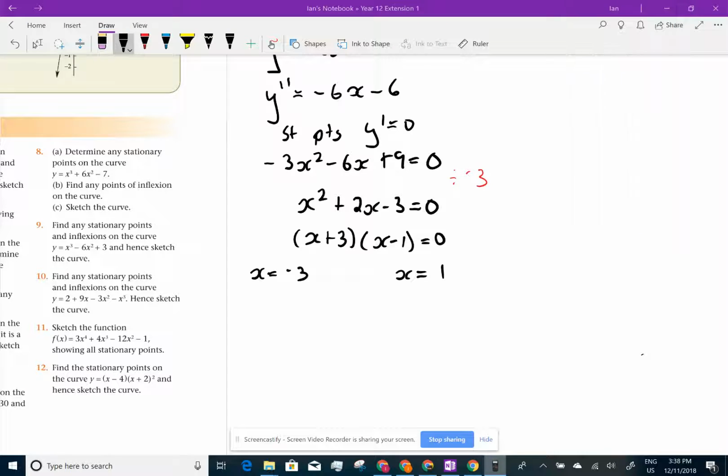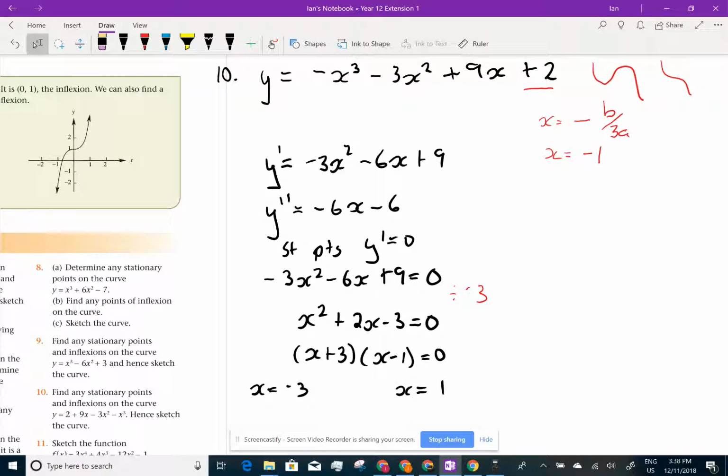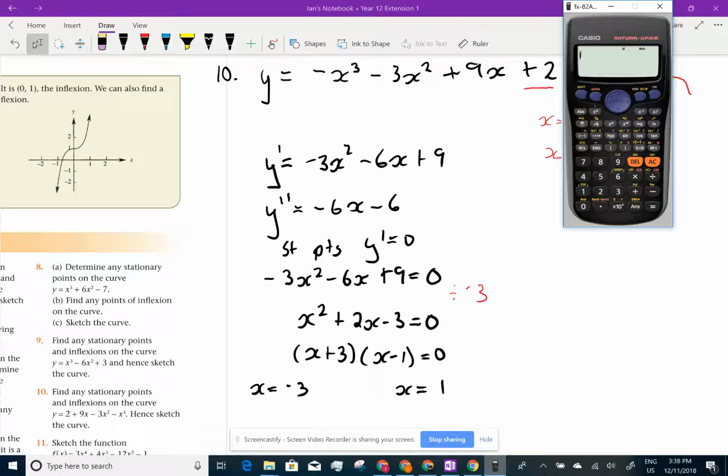So what do I want to do? I want to put that into the y equation, which I've got up here. And I'm going to use my answer because I'm going to do it twice. So I'm going to go negative 3 equals. That's my answer now. And I'm going to go negative my answer to the power of 3 minus 3 times my answer squared plus 9 times my answer plus 2.